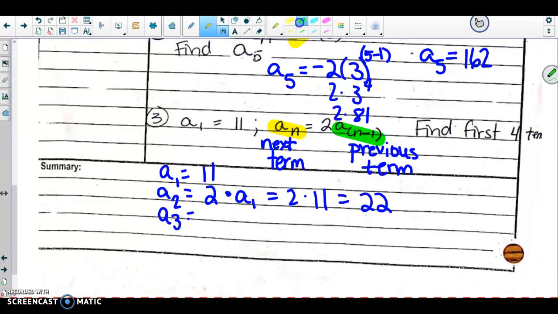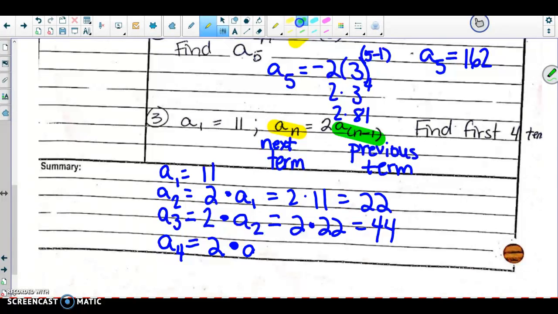A sub 3, I'm going to take 2 times a sub 2, because it's the previous term. So 2 times 22 is 44. And then a sub 4, we're taking 2 times the previous term, a sub 3, so 2 times 44, which is going to be 88.